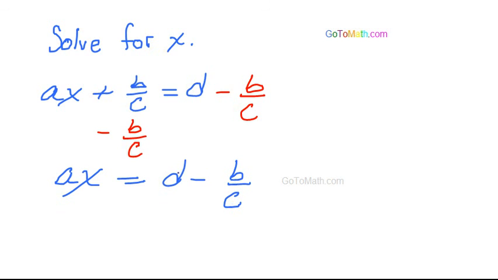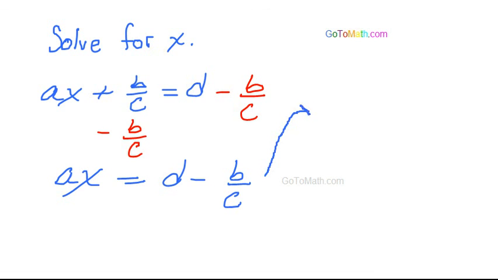Now we can go ahead and get this into a single fraction, whether it's proper or improper. I guess that all depends on what these numbers are. But anyway, let's just do some side work over here.